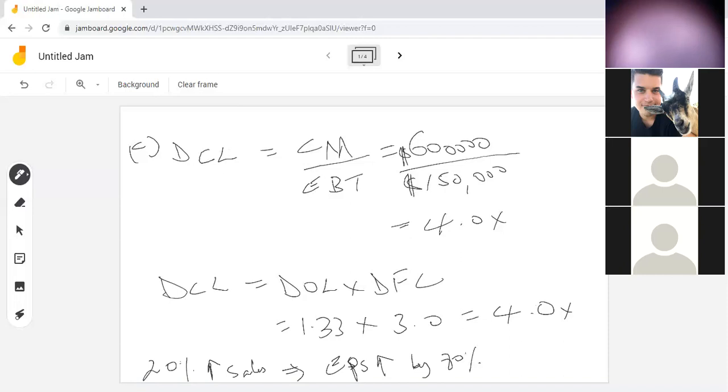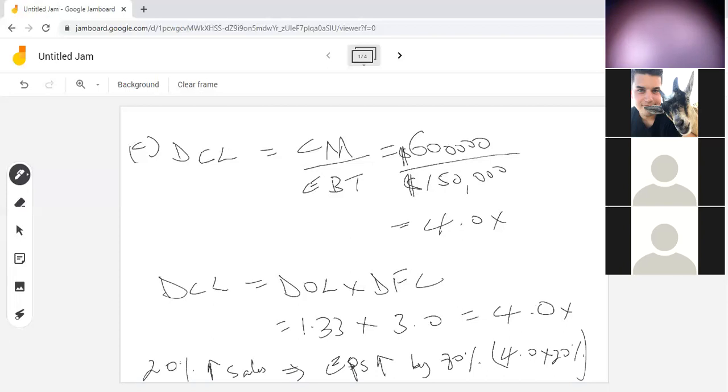How do we find this? It's 4 times 20%. So a 20% increase in sales, given the leverage being used by this company, will translate into an 80% increase in earnings per share. We find that by multiplying the degree of combined leverage by the 20% increase in sales.